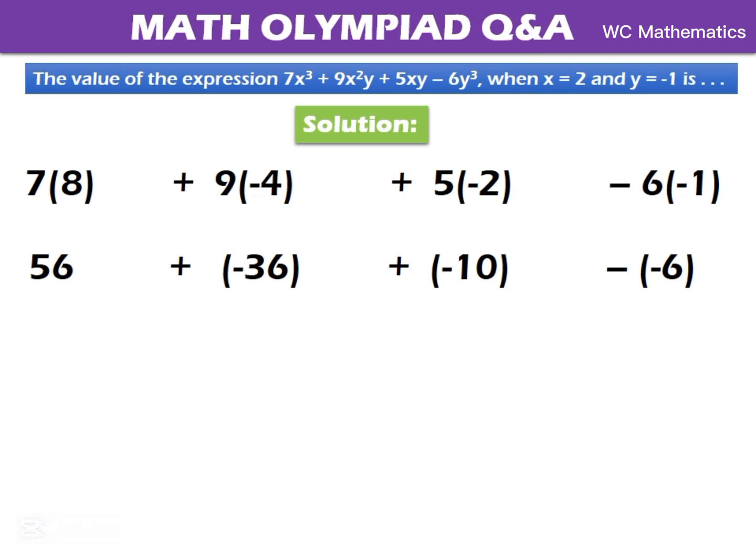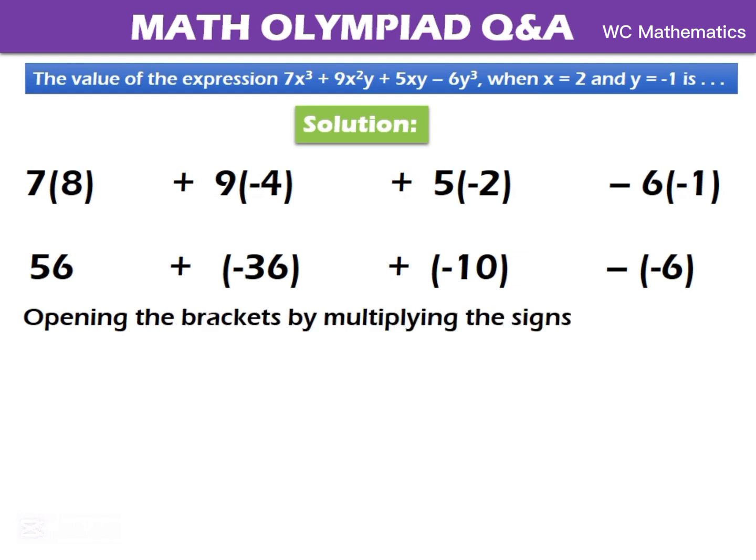The next we'll do is opening the brackets by multiplying the signs. That is, we'll be using the signs outside the bracket to multiply the signs inside the bracket in order to open up all the brackets. So the first becomes 56. It remains the same. Then plus times minus will give us minus. So the next term now becomes minus 36.